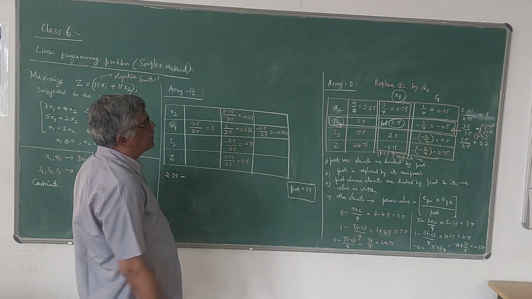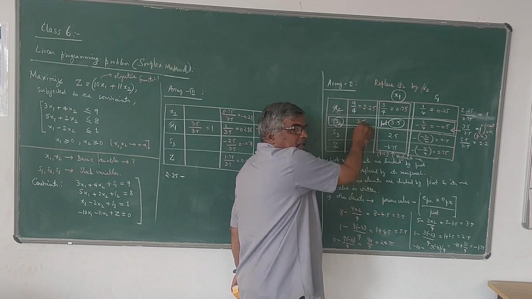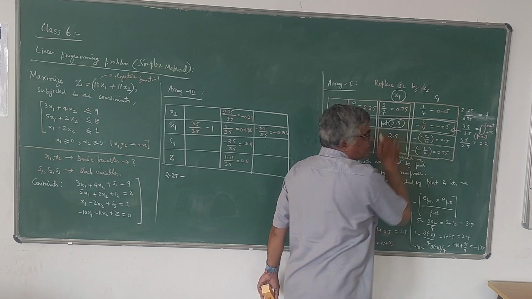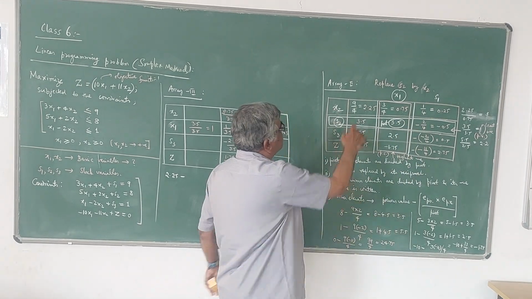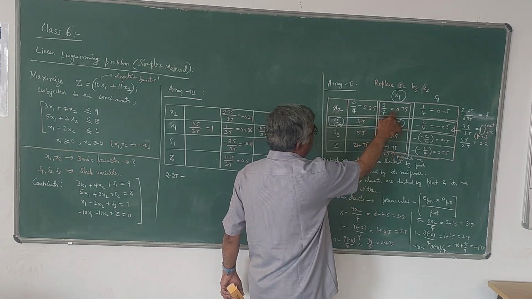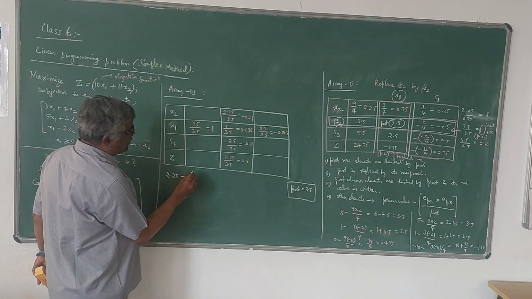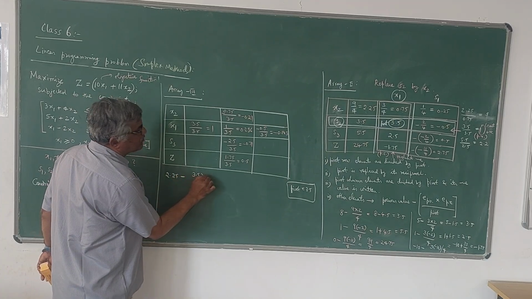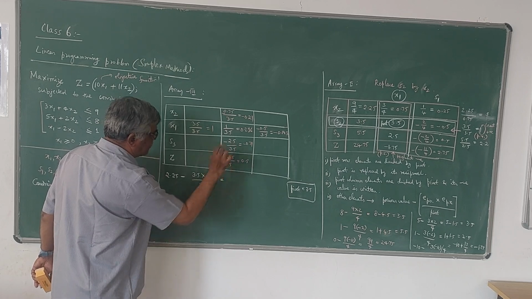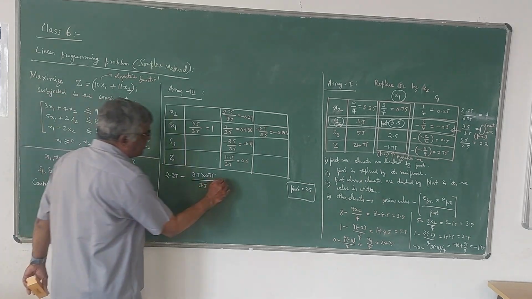So what is the pivot row element corresponding to this? 3.5. Correct? Pivot column element 0.75. Correct? So for this element, the pivot row element is this, the pivot column element is this. So that means 2.25 minus 3.5 into 0.75 divided by the pivot element 3.5. So this is what we have. What is the value? 1.5.